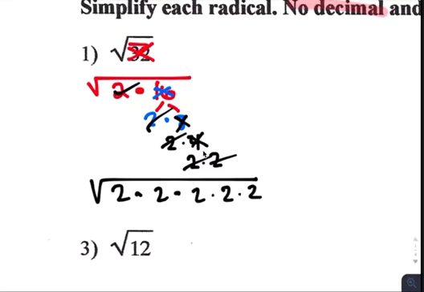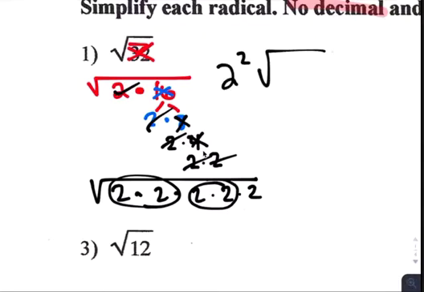So you got 2 pairs, so 2 squared, and radical 2 is left inside. This radical is still left. So 2 squared, I need you to remember this, 2 squared is 4, 2 times 2, and that's radical 2.